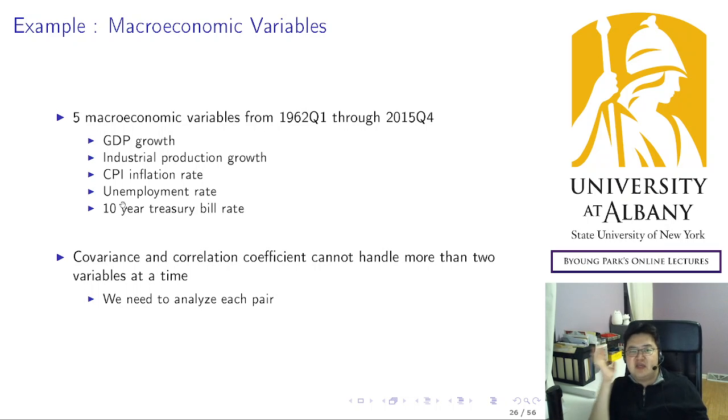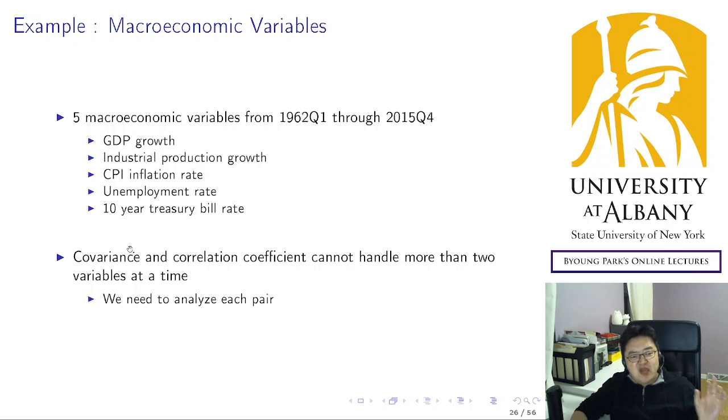And we would like to study the relationship among those 5 variables. But the problem here is that the covariance and the correlation coefficient cannot be applied to more than 2 variables. So we have 5 variables together, but there is no covariance that shows the relationship among 5 variables at the same time.